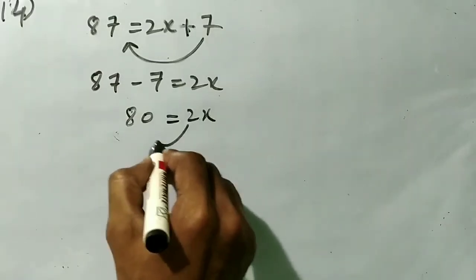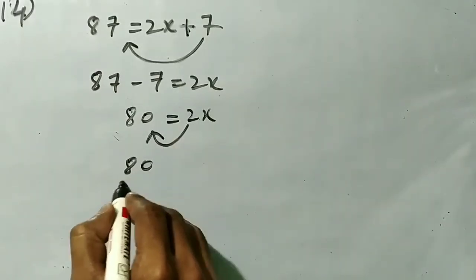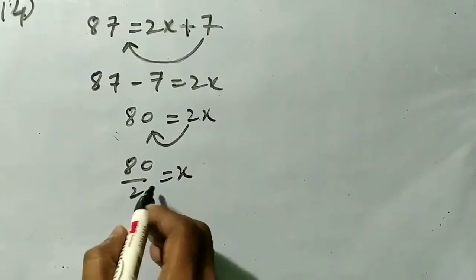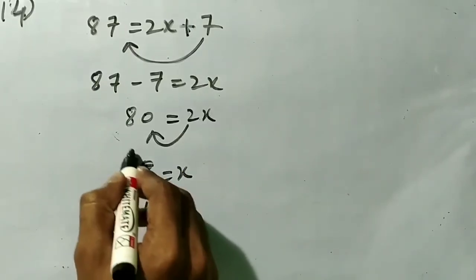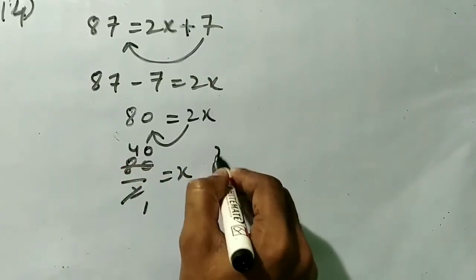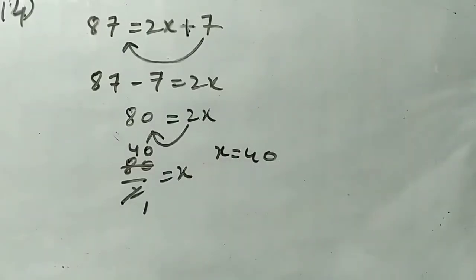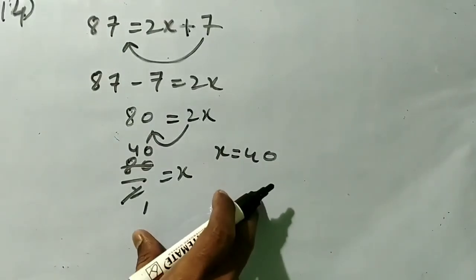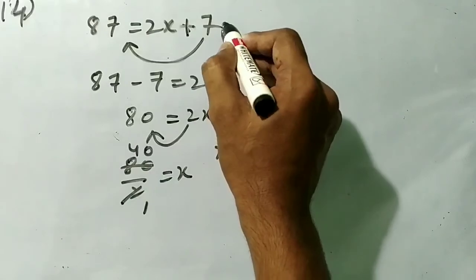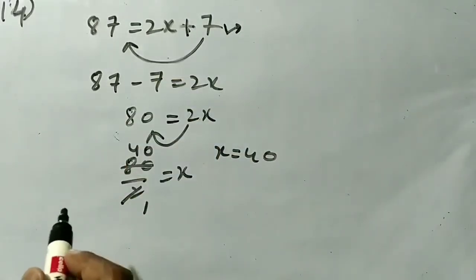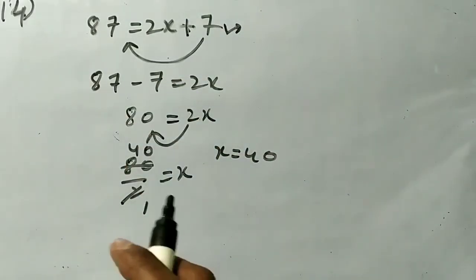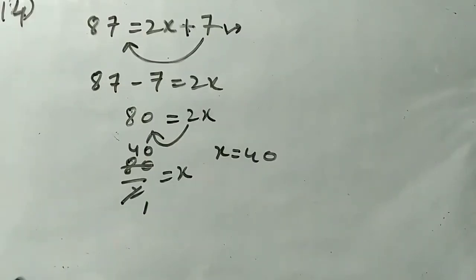That is 80 by 2 is equal to x. We know 2 fours are 8, so x is equal to 40. Simple one. The problem is simple, but the thing is we have to get the right equation. That's why we have to read the question two to three times in order to understand clearly.